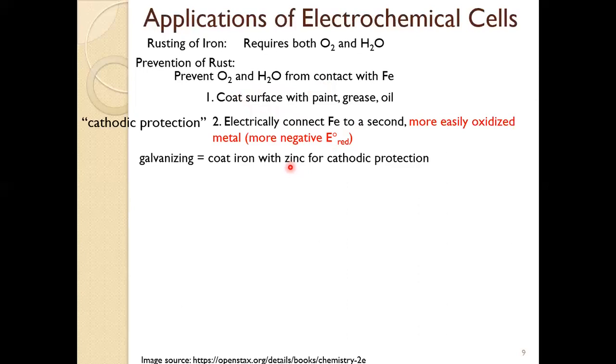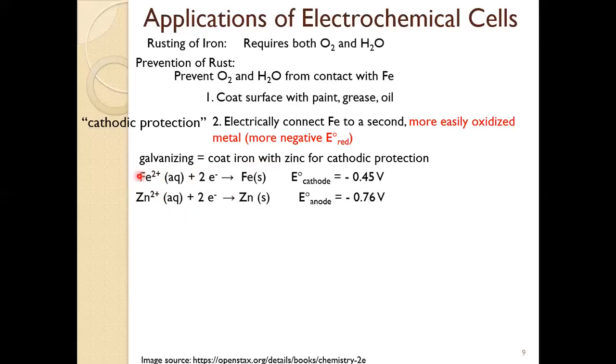So a very common application of cathodic protection is galvanizing. And galvanizing specifically refers to coating iron with zinc for cathodic protection. The idea being that if you coat iron with zinc, because zinc is more easily oxidized than iron, has a more negative reduction potential, when oxygen and water come in contact with the iron, the zinc is there to protect it.